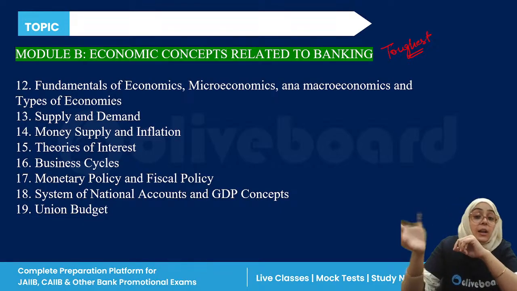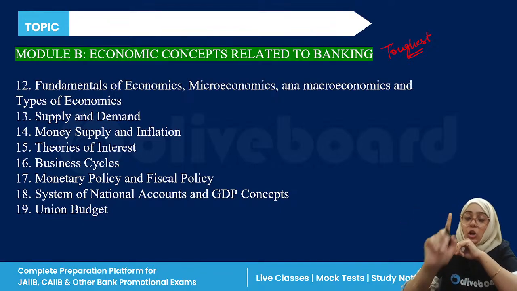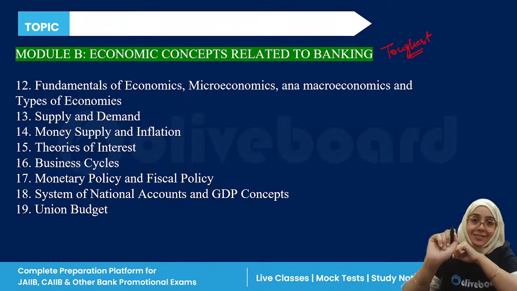The national income is also a complicated topic. So Module B is short, but it is the toughest and needs a lot of time to complete, because it is very conceptual.